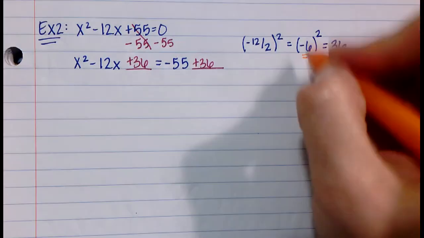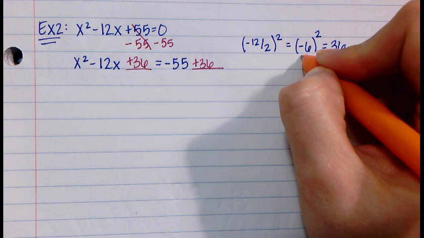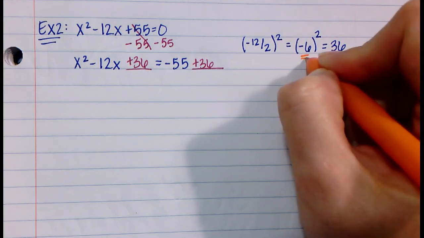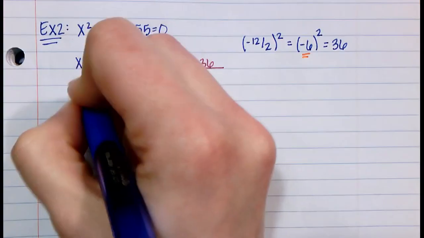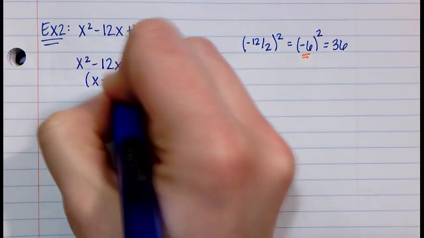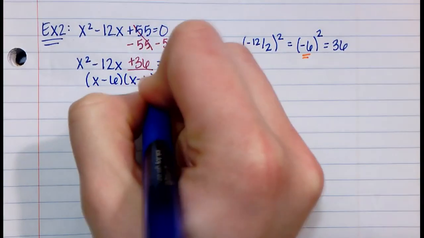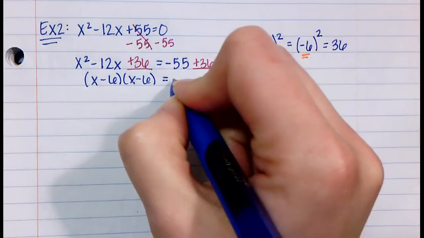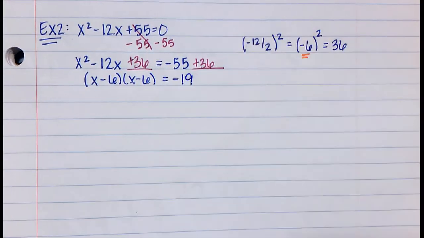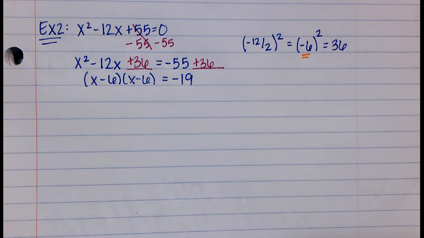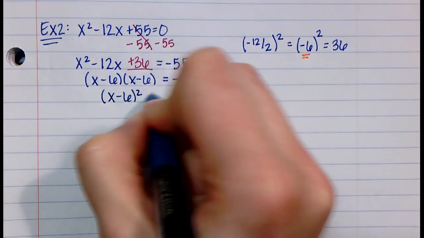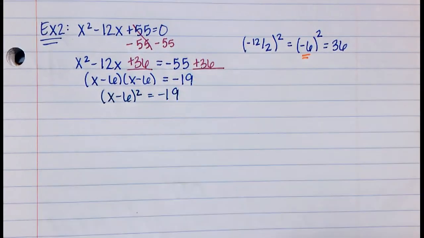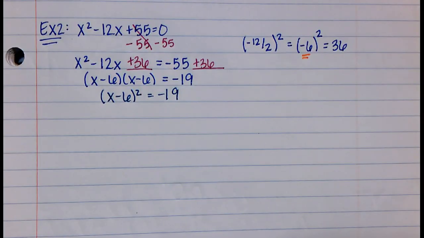Simplify. So I'm going to use this -6 to be able to write my factors. It would be x minus 6 times x minus 6, which equals -19, which we knew that we could have simply just wrote as x minus 6 squared equals -19. Solve for x, so we would square root both sides.